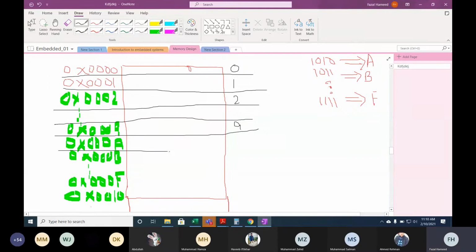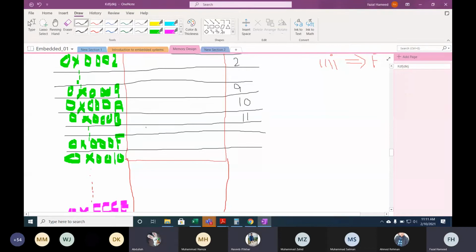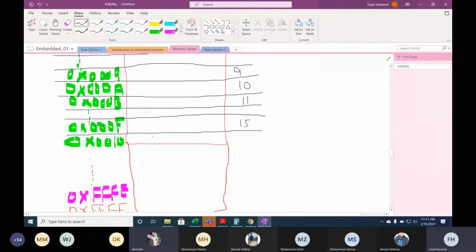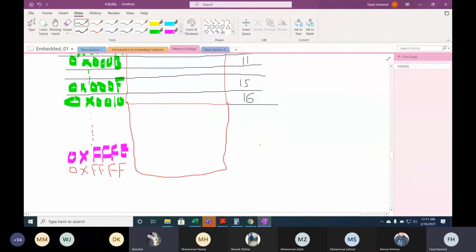And what about A? 10. Then B, 11. What about F? 15. What about 0x0010? 16. Okay. What about the last address?